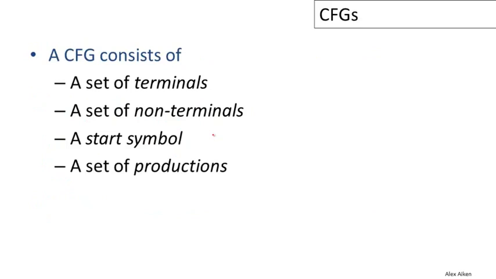So what is a context-free grammar? Formally, it consists of a set of terminals, T, a set of non-terminals, N, a start symbol S, where S is one of the non-terminals, and a set of productions. And what's a production? A production is a symbol followed by an arrow followed by a list of symbols.